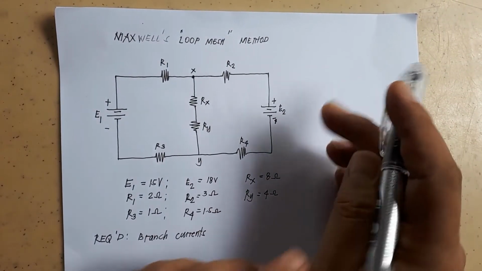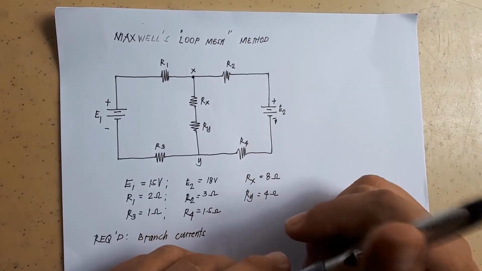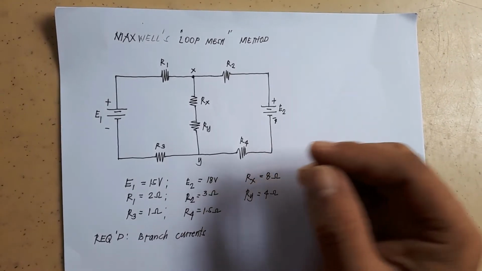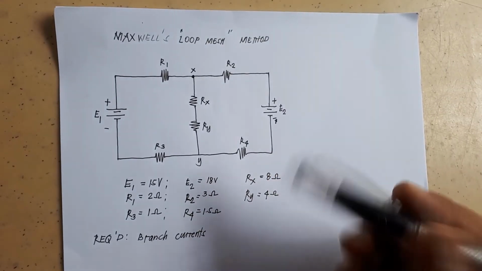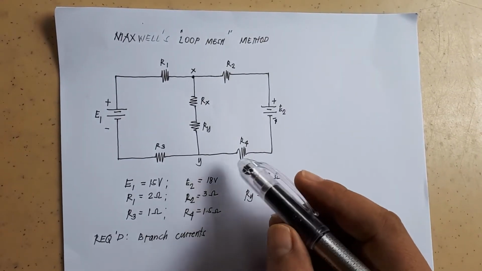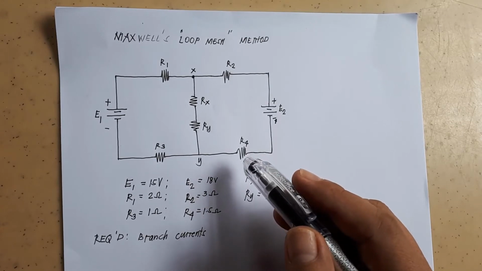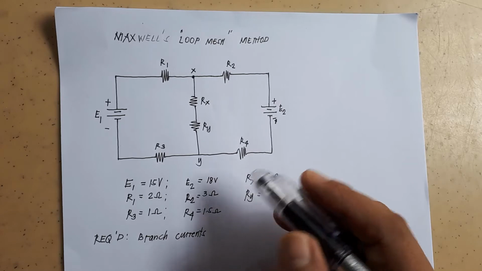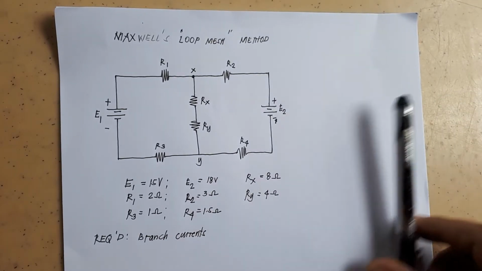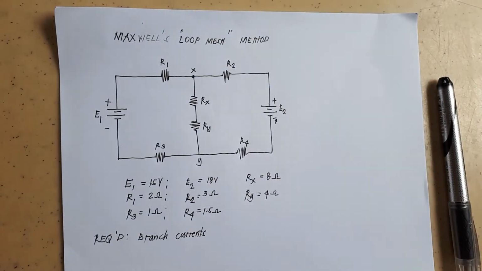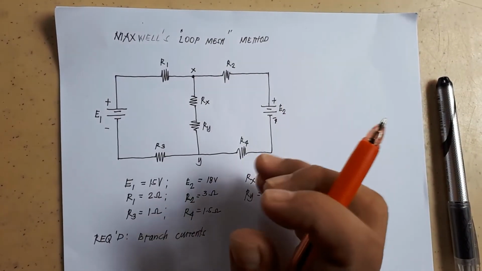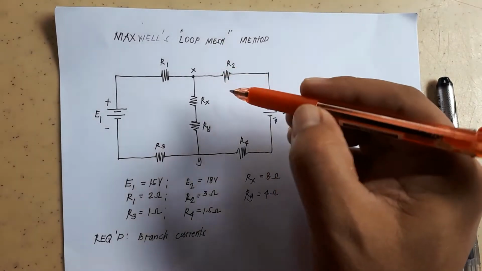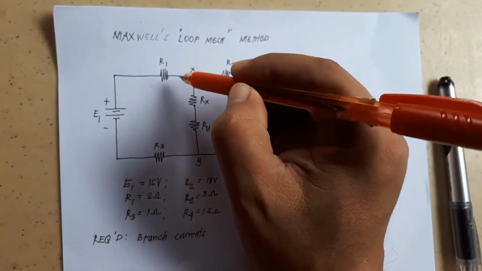Now, to apply your Maxwell's loop mesh method, what we are going to do is to only formulate a loop equation using your loop voltage equation. So how to do that? As you can see on the illustration, from this figure, we can make use of two loops.